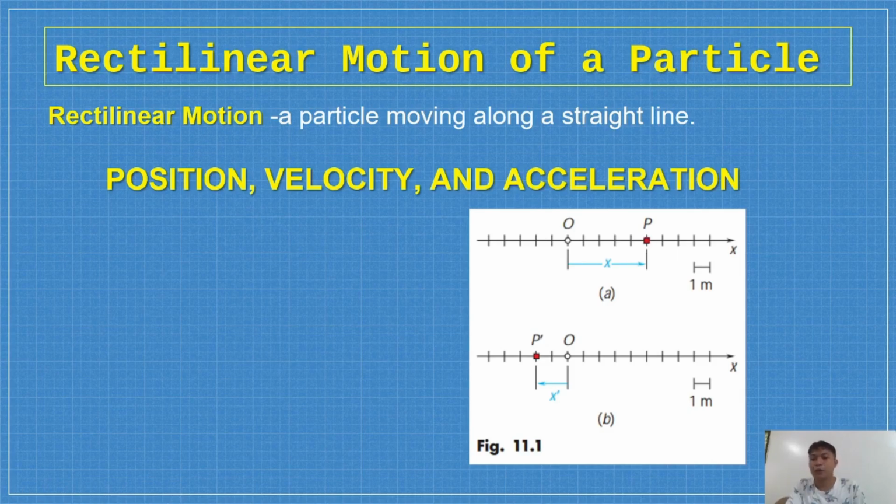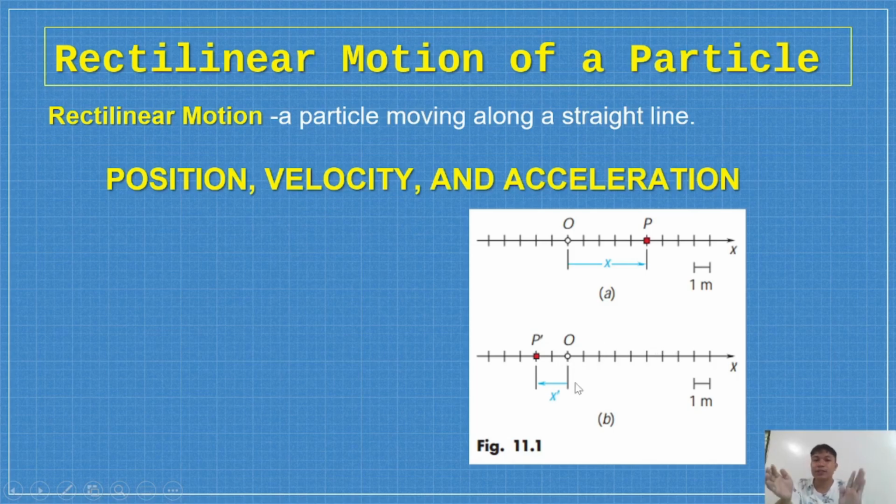So this will be x is equal to positive 5, and also the x with an apostrophe here in figure 11.1b will be a negative 2. So this position P with an apostrophe moves to negative 2 of our negative x-axis.